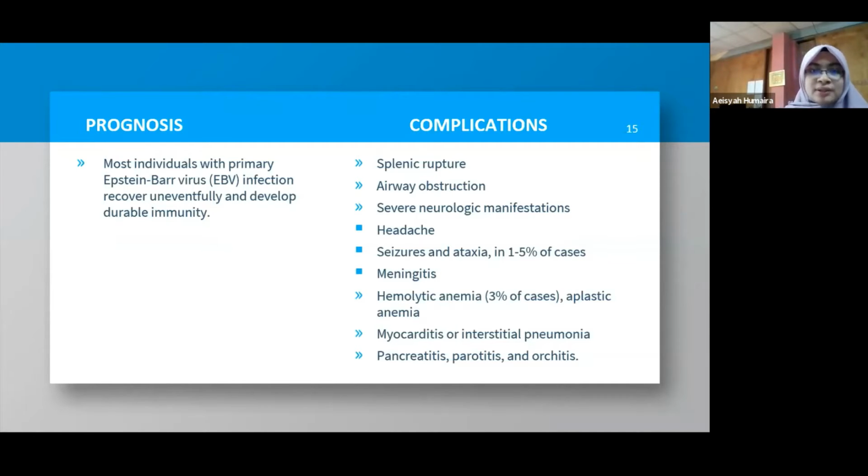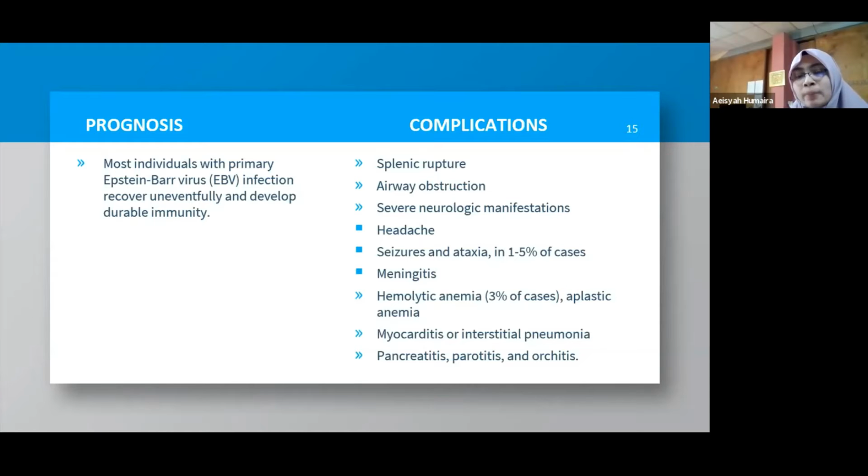The second is airway obstruction, which can manifest as stridor and can interfere with breathing. Airway obstruction is caused by swelling of the tonsils and oropharyngeal lymphoid tissue.